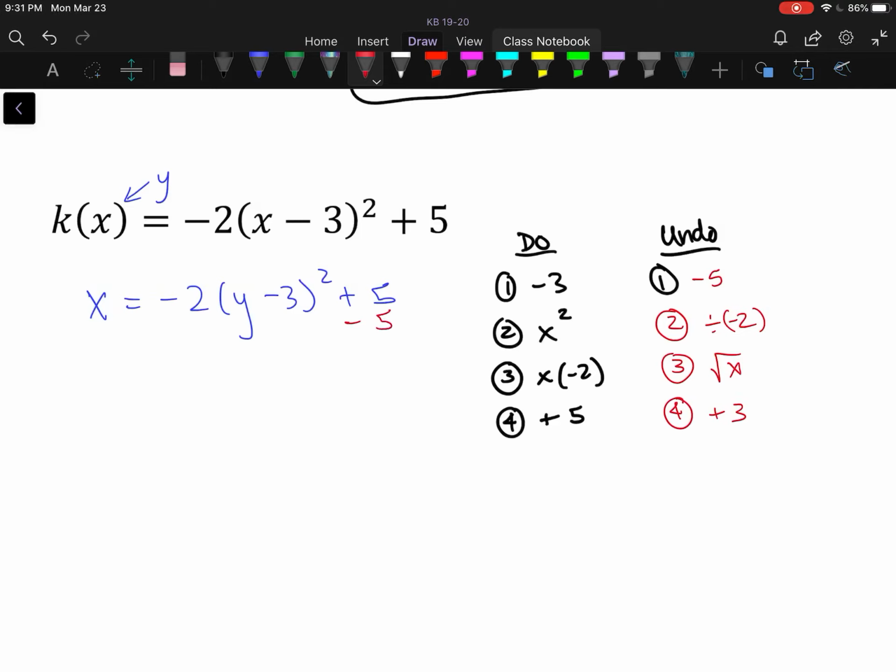So first thing, subtract 5 from both sides. So x minus 5 equals -2 times y minus 3 squared. Then we would want to divide by -2.